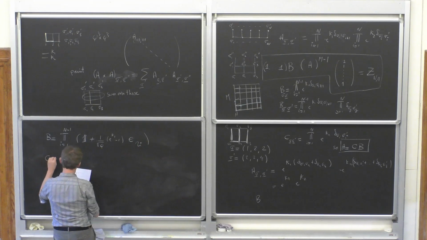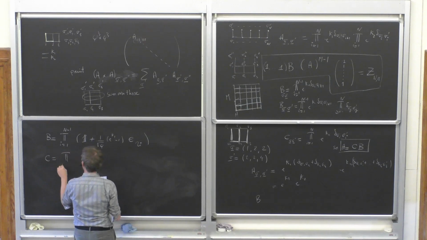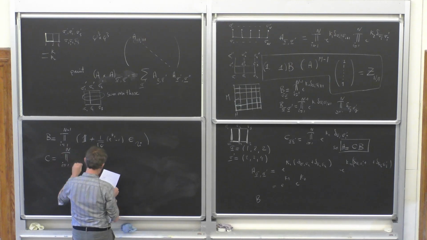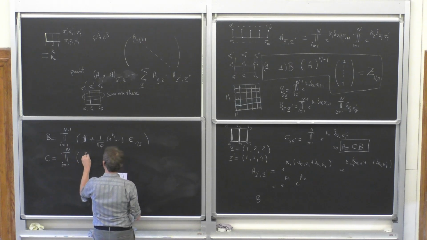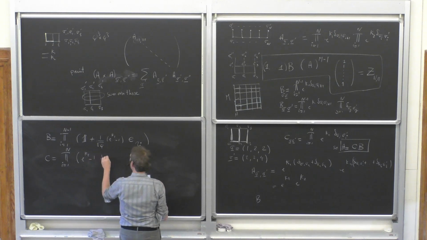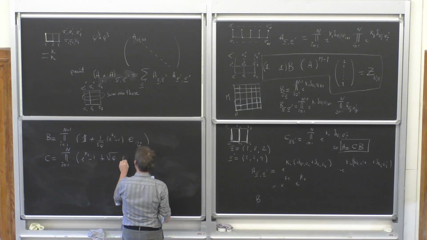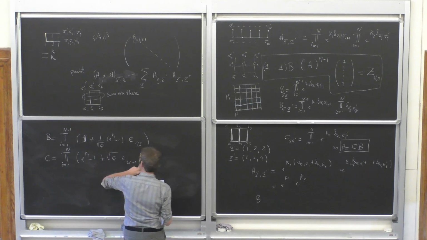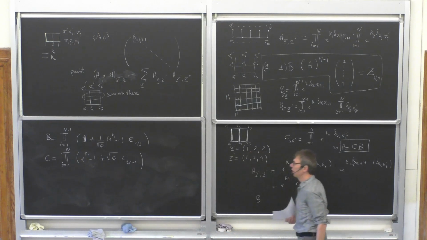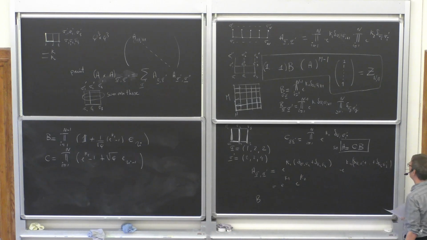And let's write C as the product from i equals 1 to n of e to the k2 minus 1 plus square root of q E2i minus 1. Let's write it like this, and then let's try to figure out what we are doing.